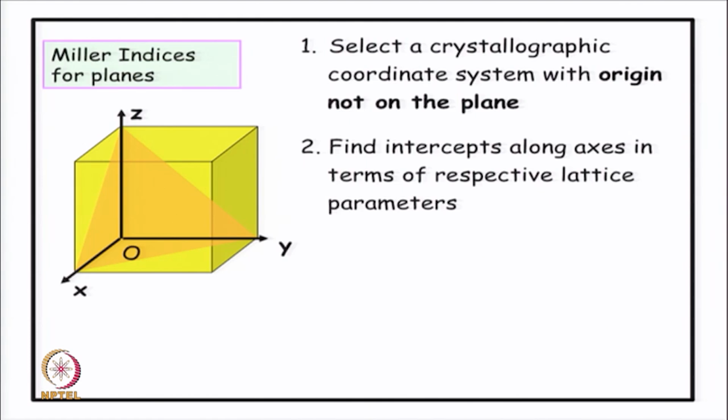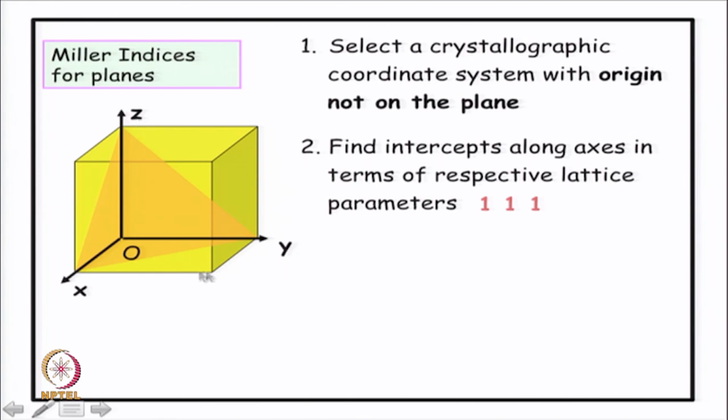The second step is to find the intercepts along axes in terms of the respective lattice parameter. So, this plane is intersecting the x axis at the unit cell corner, which means it is intersecting at a distance a. A is the edge length of the unit cell along the x axis. But we will show this as 1 because we are trying to write the intercepts in terms of respective lattice parameter.